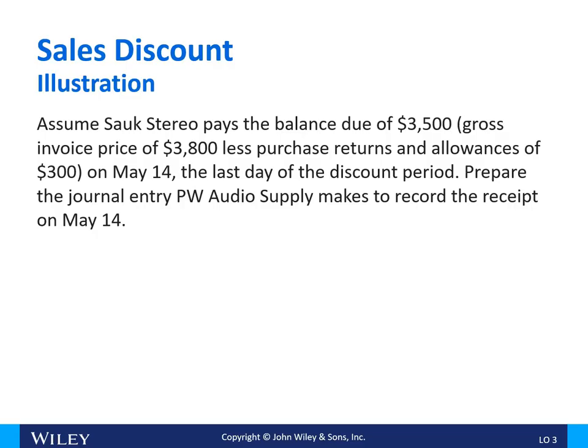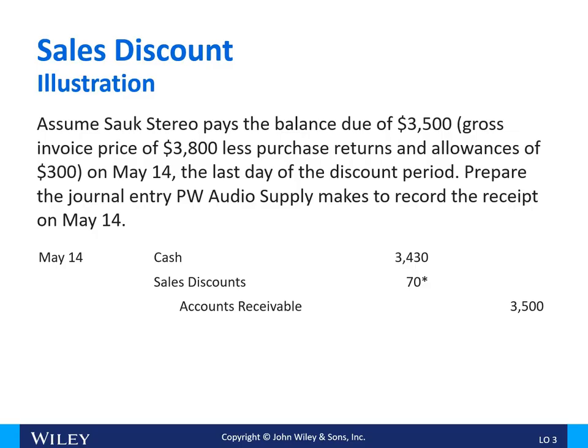So remember, when we record payments made by customers on purchases made on account from a seller, we're going to show the cash coming in. So we're going to debit cash and credit our accounts receivable because the buyer doesn't owe us that anymore. We're going to do a similar entry, but we're going to have the sales discounts that we have to take into account here.